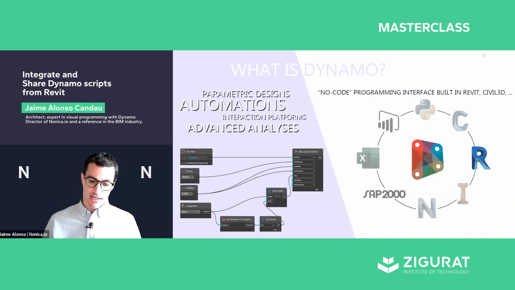In the left bottom, you can see an example of a Dynamo script that basically exports information from a Revit model into an Excel file. So that is very handy, and you can see that just by placing some boxes and interconnecting them, you can achieve very powerful solutions and scripts. So you don't even have to really know how to type code to achieve these solutions.